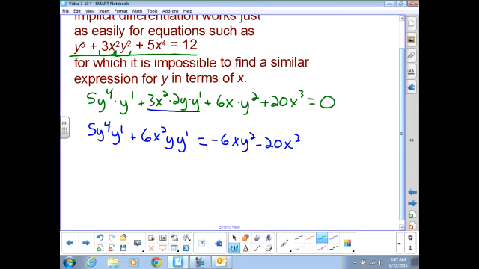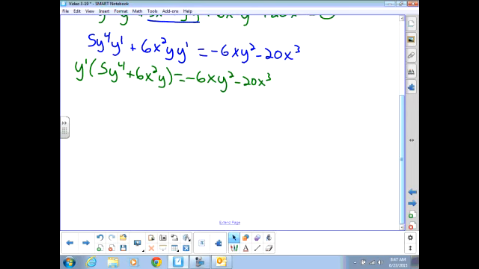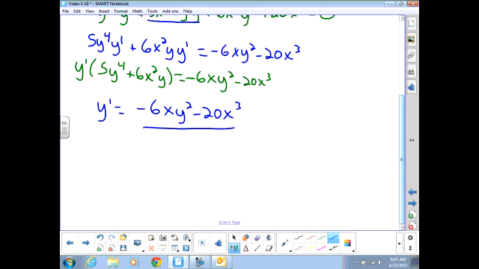We'll pull out a y prime, leaving us with 5y to the 4th plus 6x squared y. And divide that over to give us minus 6x y squared minus 20x cubed all over what was in our parentheses.